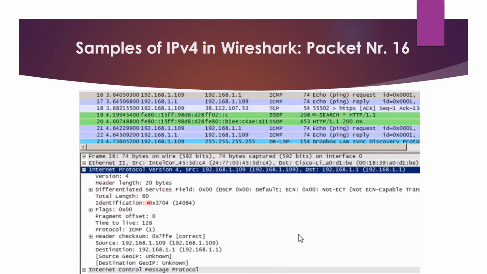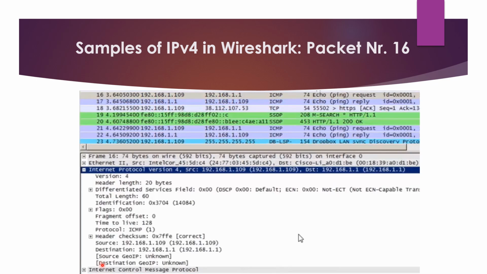The total length is less than the second packet, and we see that the flags are different, and the protocol field for the upper layer is different. It is set as 1, and it stands for Internet Control Message Protocol, which is a message packet.